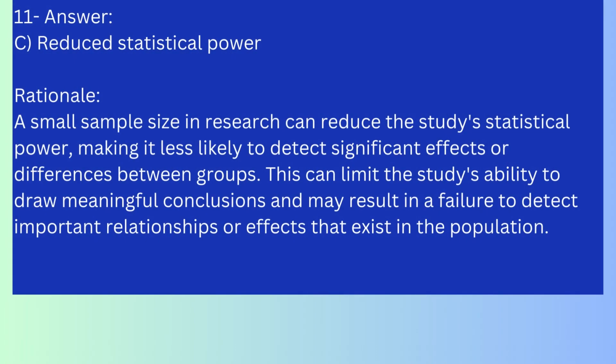Answer: C. Reduced statistical power. Rationale: a small sample size in research can reduce the study's statistical power, making it less likely to detect significant effects or differences between groups. This can limit the study's ability to draw meaningful conclusions and may result in a failure to detect important relationships or effects that exist in the population.